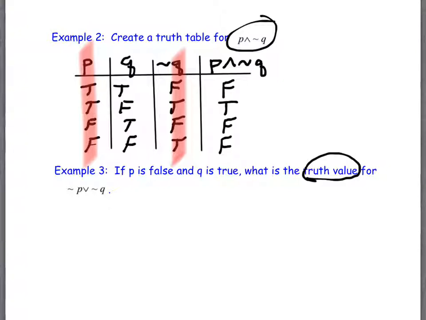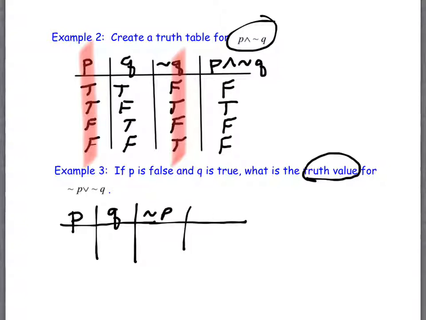We've got a tilde P, we've got a tilde Q. We're going to start out with P, Q, and then, Brenna, this is where this one's coming in. I've actually got a tilde P and a tilde Q in this particular problem, so I need a column for tilde P and a column for tilde Q. And then my last column is going to combine them all into an or statement.